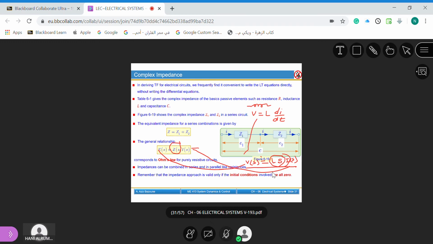In this case, the impedance Z of S is equal to L times S.